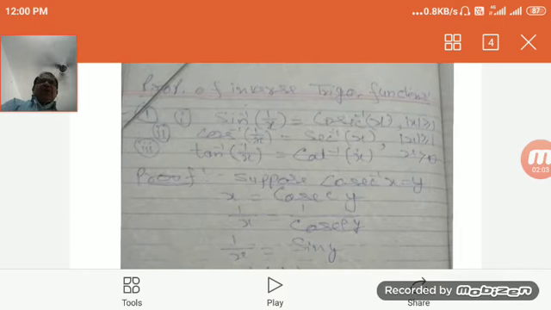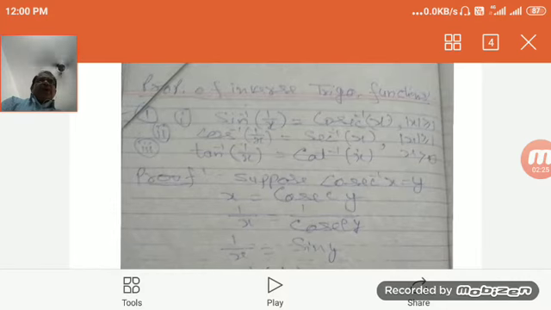And third, tan inverse of 1 upon x is equal to cot inverse x when x is greater than 0. In these three properties we have to prove the first one. After that you will be able to prove the second and third property by yourself. So let us start with the first property.